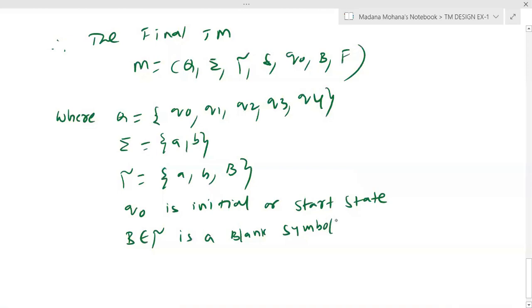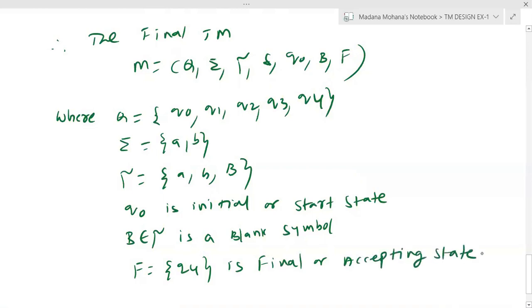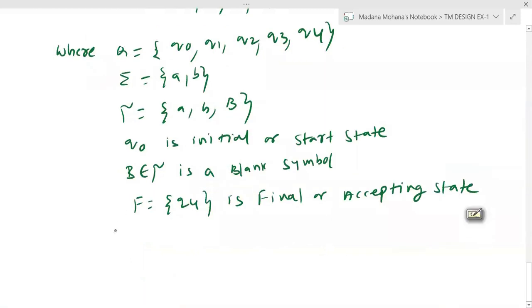Then F equals, here what we assume finally, F equals Q4 is the final or accepting state. And delta is given below. Now write down all the 10 transitions.